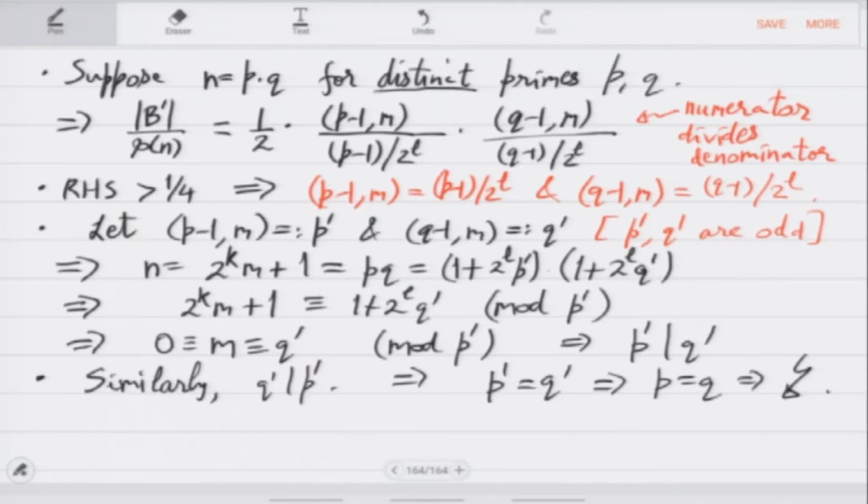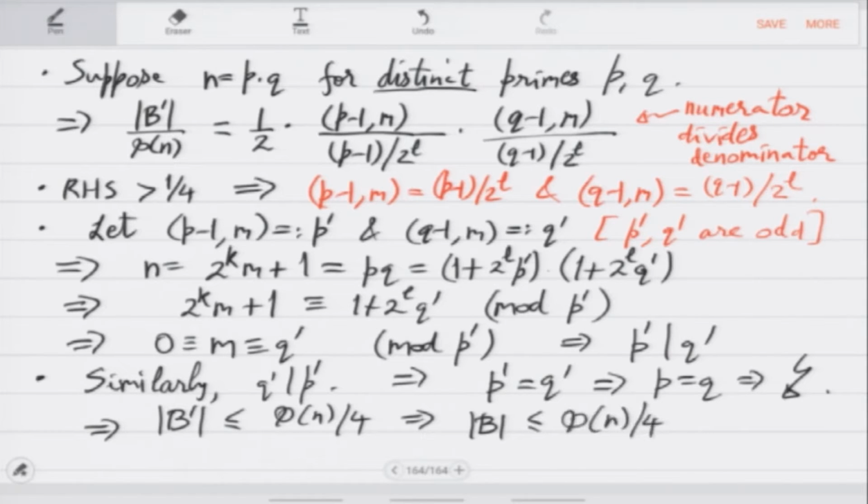Okay, so this contradiction means that B prime by phi n is 1 by 4 or less. Which implies that B is upper bounded by B prime, so it is also less than phi n by 4, which is much less than n by 4.